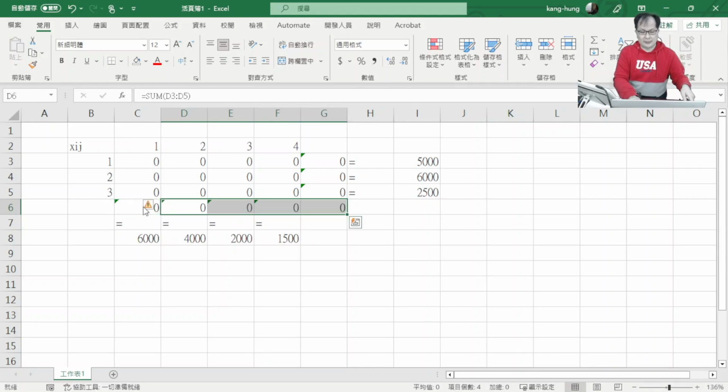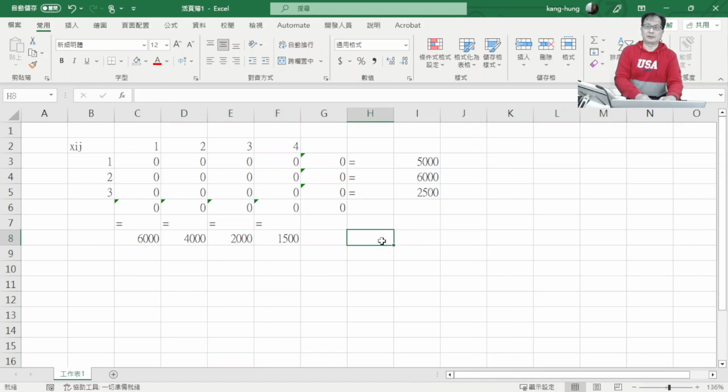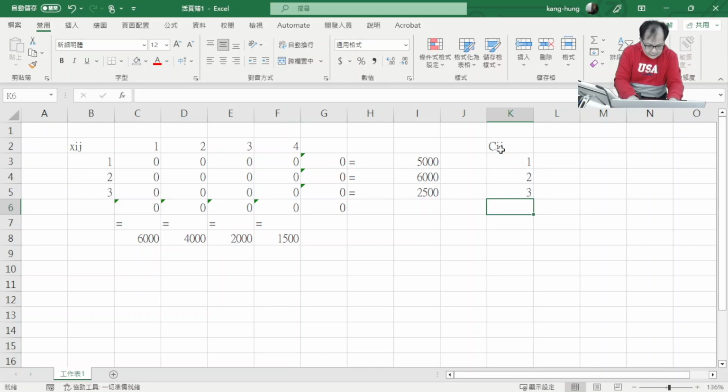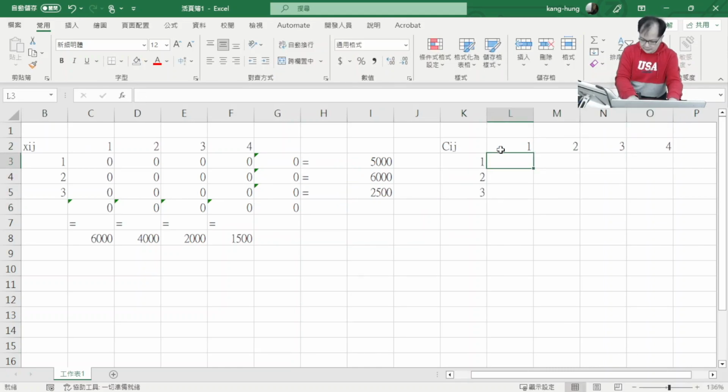Okay, and we also need to calculate the objective value, right? So we still need a table for Cij. 1, 2, 3, 4. Okay, and we'll put all the unit cost numbers there.